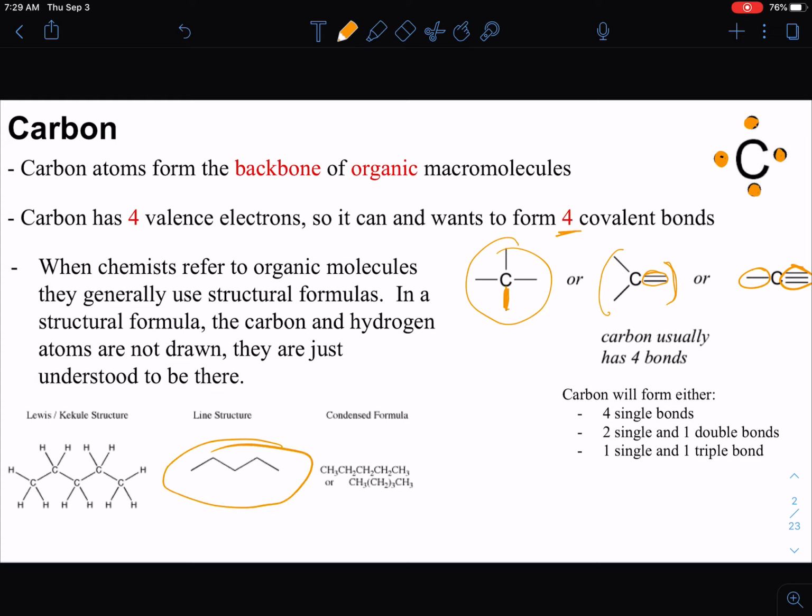You don't see anything there other than these little bends. But at each one of these bends, like right here, that little point is actually right there. It's showing you that there should be 2 hydrogens and a carbon there.